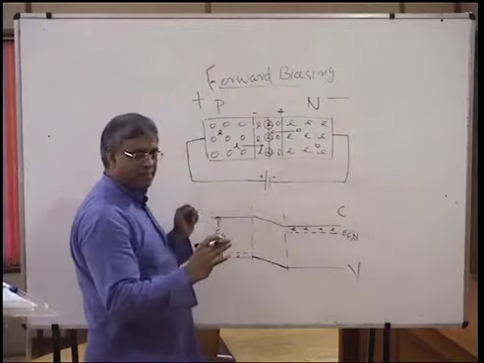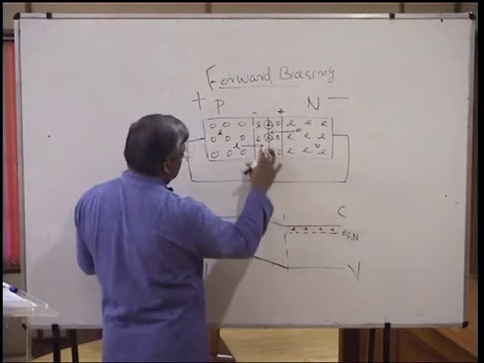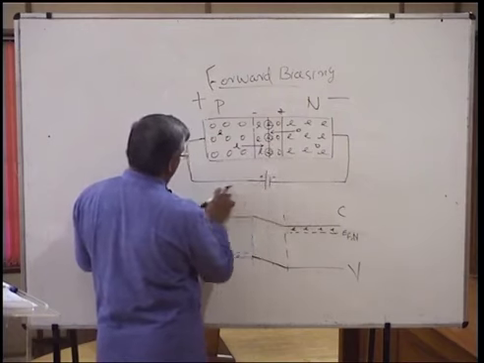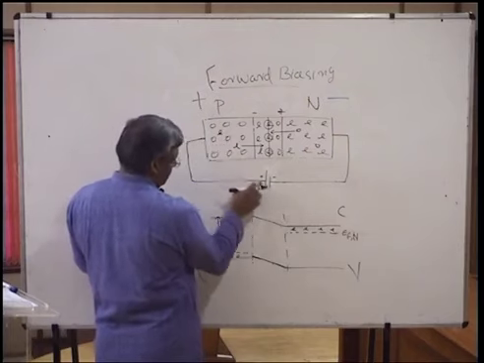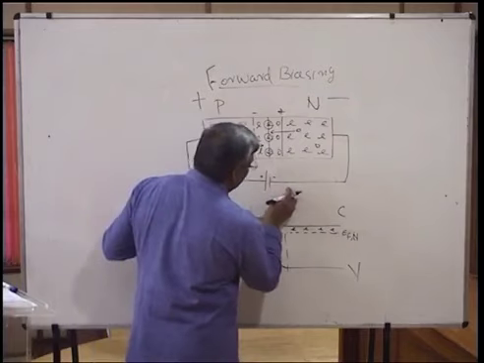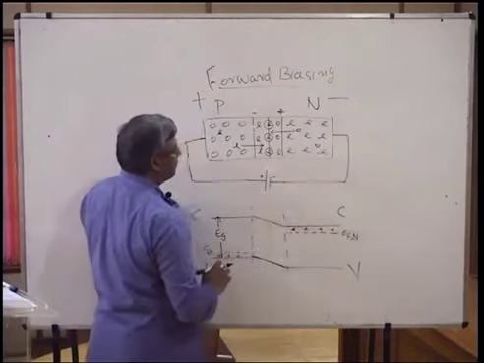By forward biasing, you know what is meant by that. You connect this PN junction with a battery with its positive potential connected to the P region, as I have shown here, and the negative potential of the battery is connected to the N region.